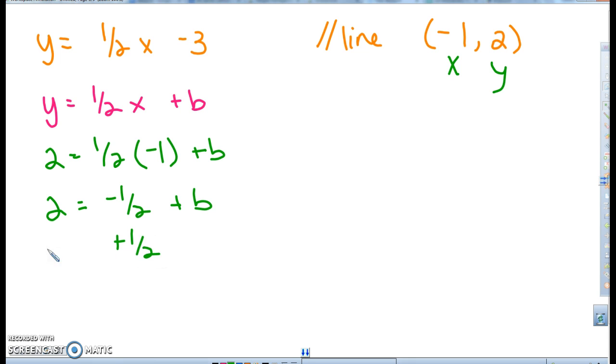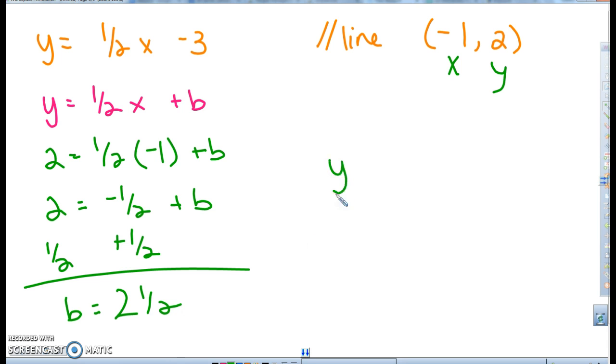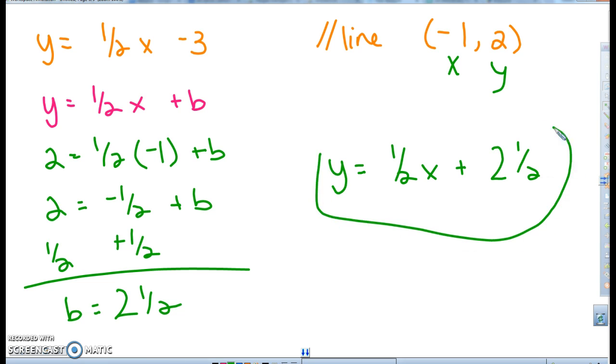Add the 1/2 to the other side. So b equals 2.5. And then I would write my formula, y equals 1/2 x plus 2.5. And if you want to make that an improper fraction, be my guest. Okay? So that's how we would do one if it's parallel.